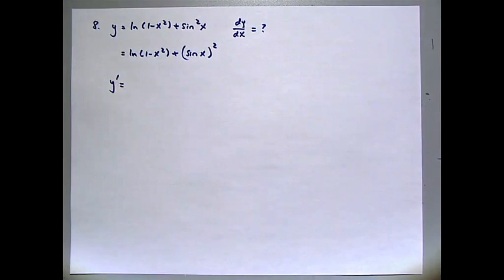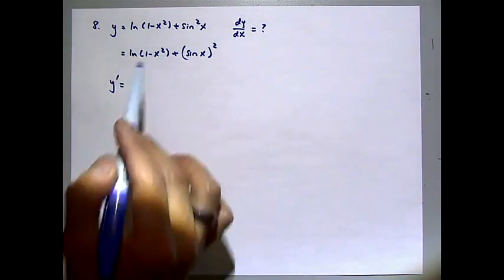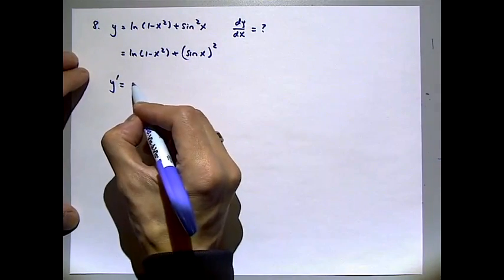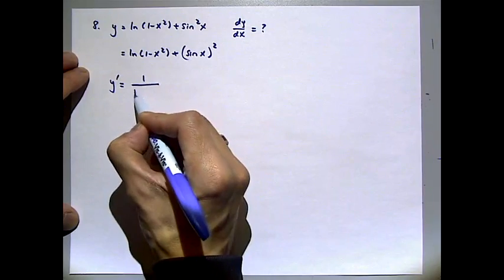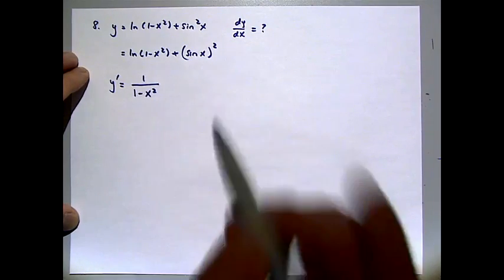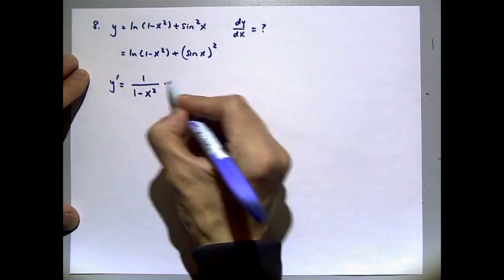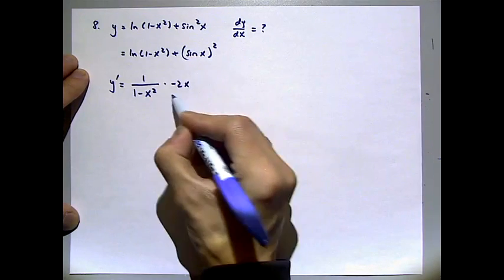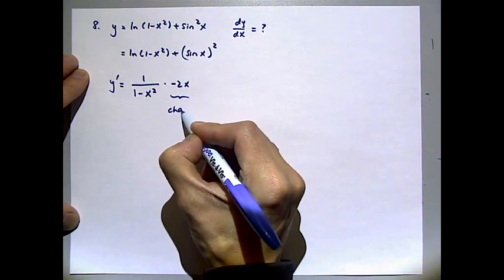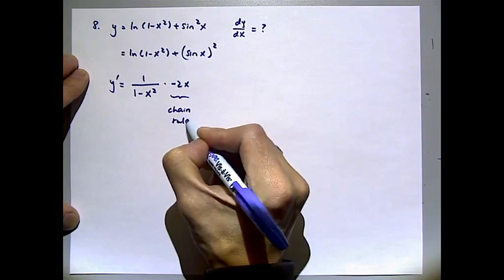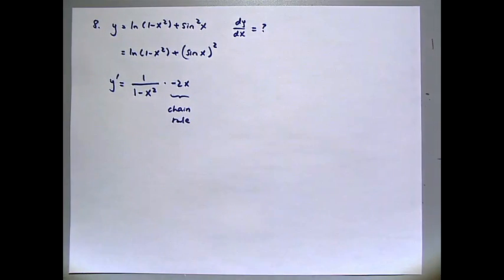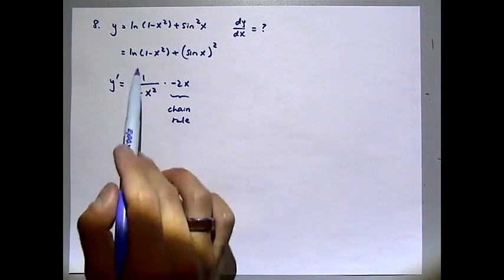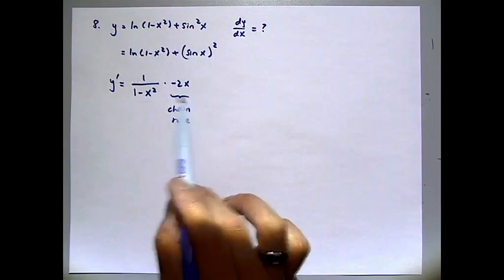All right, now we take the derivative. Natural log of something has a derivative that's equal to 1 over that something times the derivative of that something. That came from the chain rule.